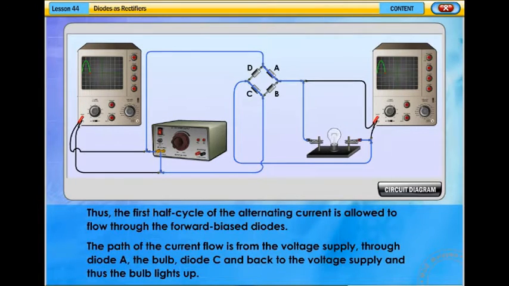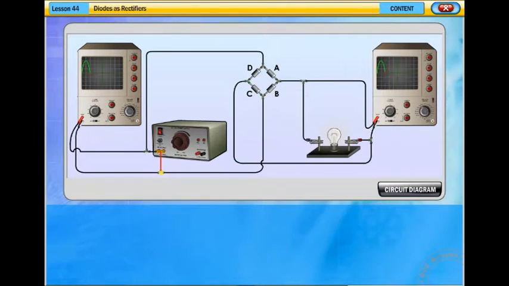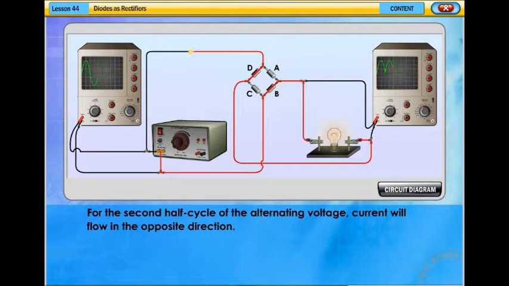The path of the current flow is from the voltage supply, through diode A, the bulb, diode C, and back to the voltage supply, and thus the bulb lights up. For the second half cycle of the alternating voltage, current will flow in the opposite direction.